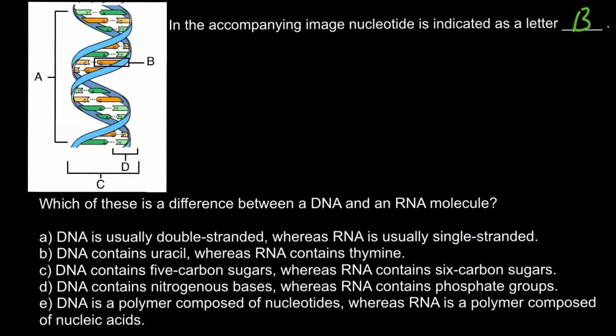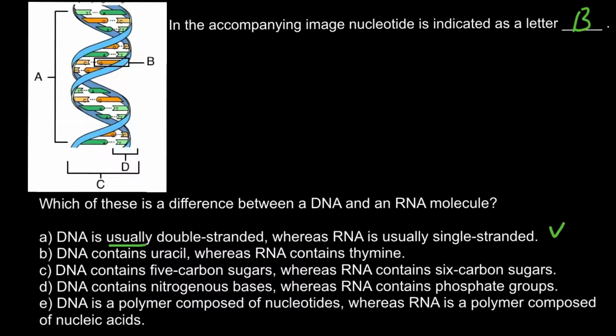Now let's move to the second question. Which of these is a difference between DNA and RNA molecule? Answer A. DNA is usually double-stranded, whereas RNA is usually single-stranded, and this is true. And maybe some of you are confused why the word usually is used here.